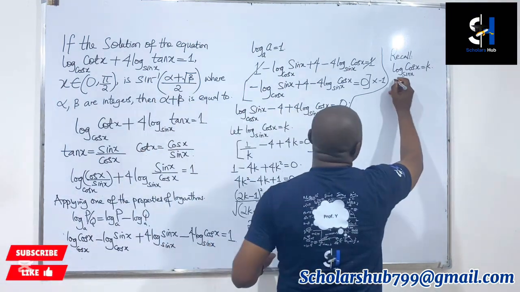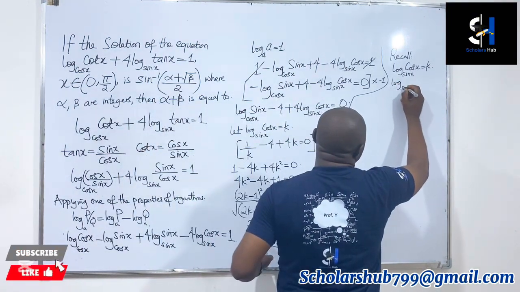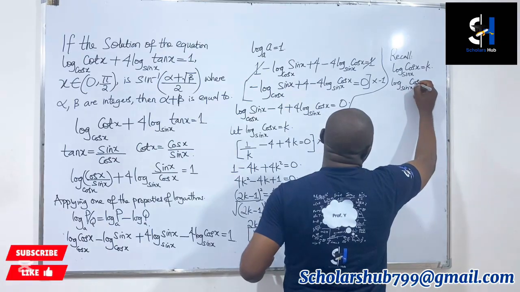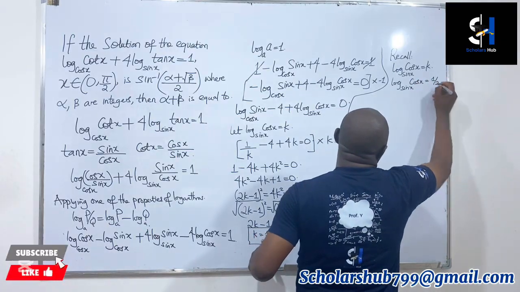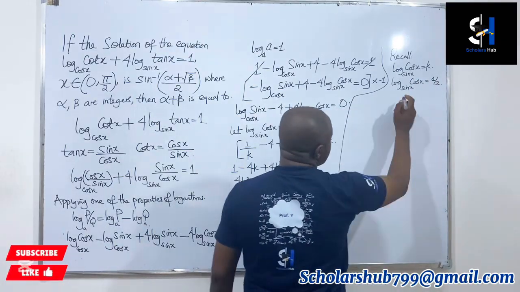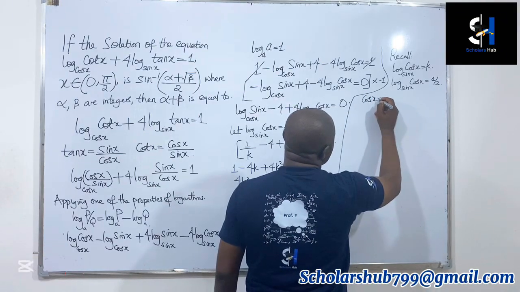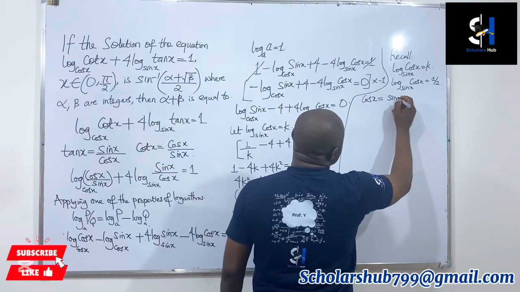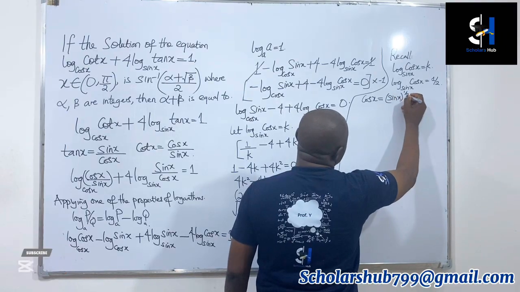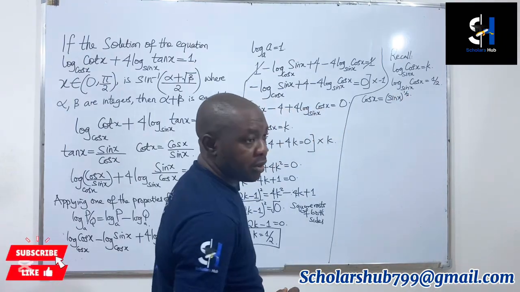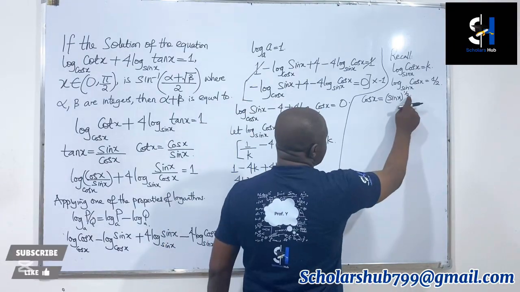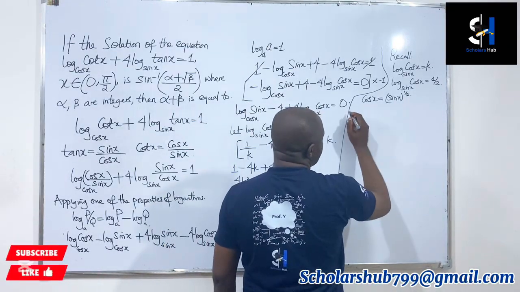So we can say logarithm to base sine x of cos x equals 1 half. So this can now be cos x equals sine x raised to the power of 1 half.